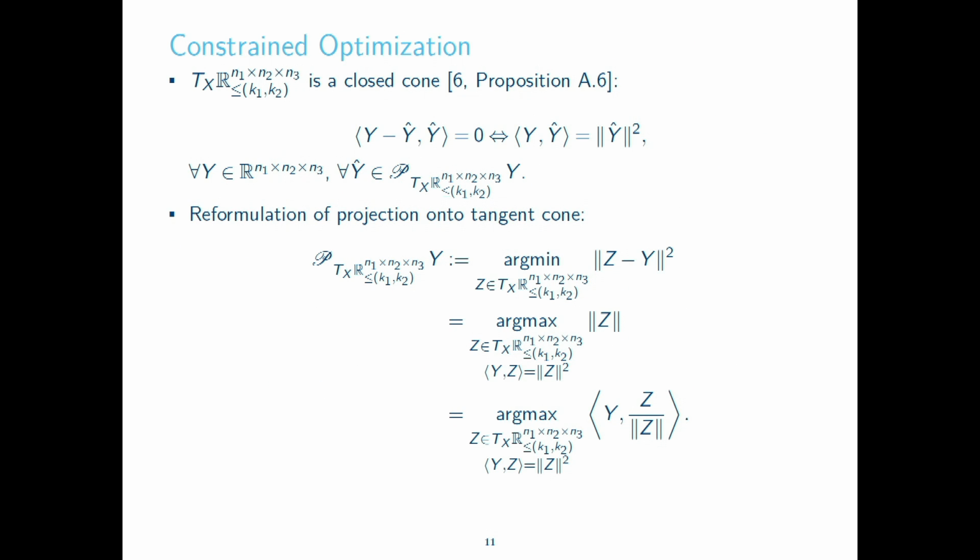Before I can explain the proposed method, I first rewrite the original definition of the projection as another constrained optimization problem. In doing so, we use the property that the tangent cone is a closed cone for this variety. So this means that this standard property, which also holds for Euclidean spaces, is true.